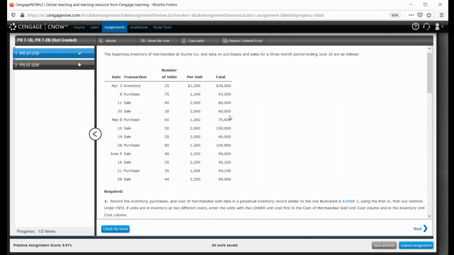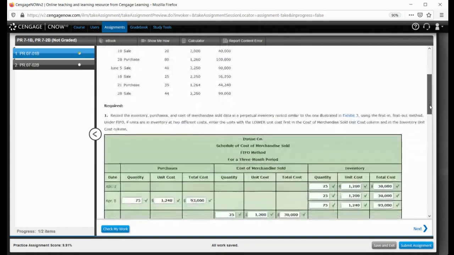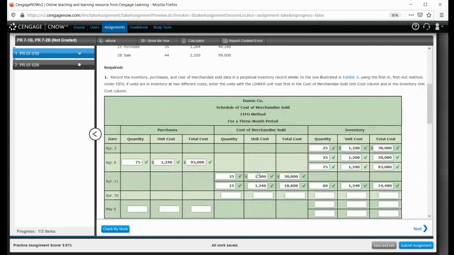We would also need to update our inventory because we have sold 30 more units. So we're going to go to our cost card and we're going to enter in 30 units that we've sold. We've sold 30 units, and the only ones that we had to draw from were from this layer of inventory that we had left over on April the 11th. The cost of that inventory was $12.40.